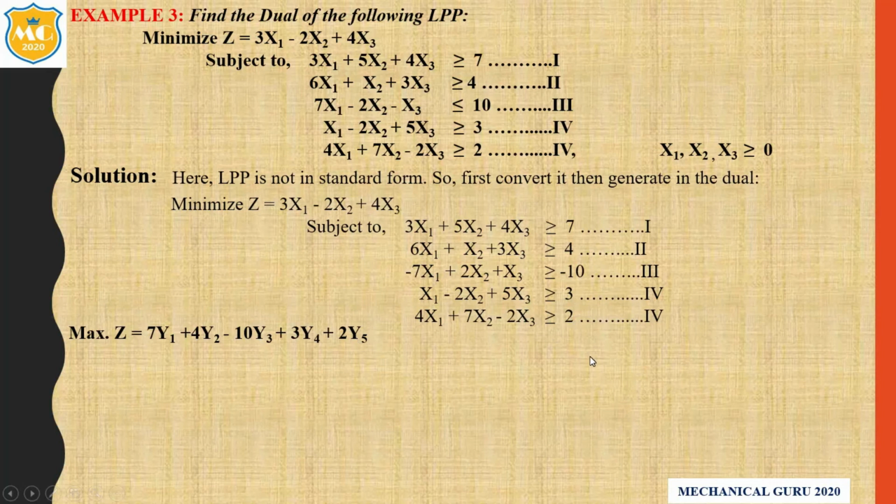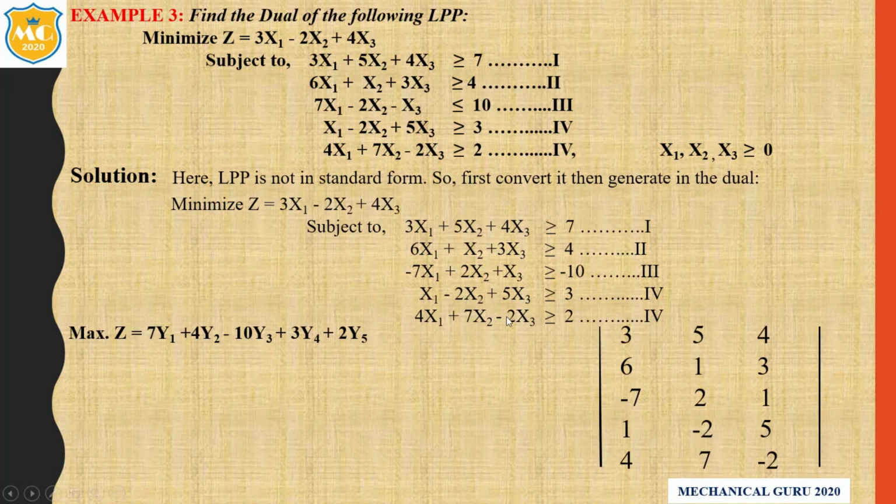Simple. Next we have to prepare the matrix. So 3, 5, 4, 6, 1, 3, minus 7, 2, 1, 1, minus 2, 5, 4, 7, minus 2. Okay, we just write down the technological coefficients. And now this matrix we have to convert into the transpose matrix.